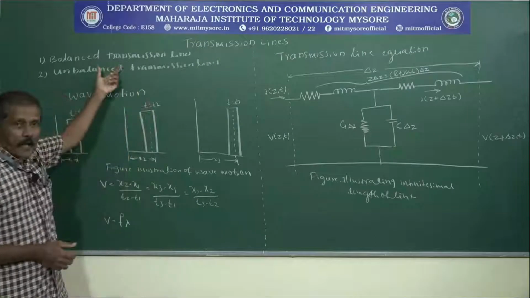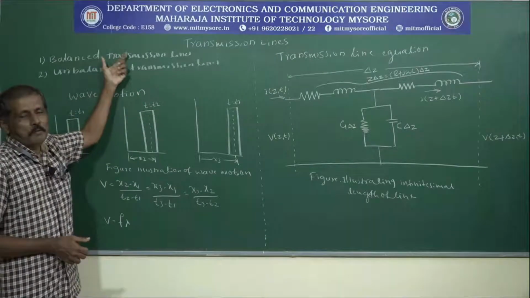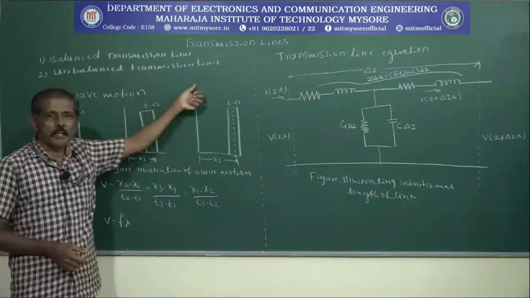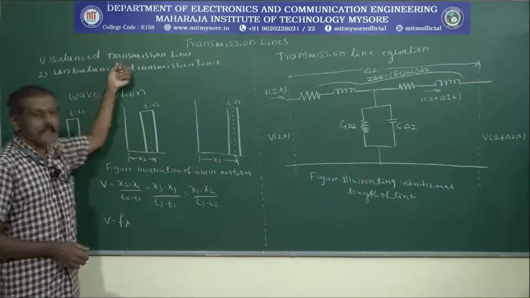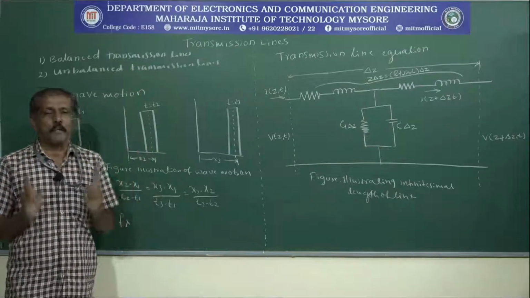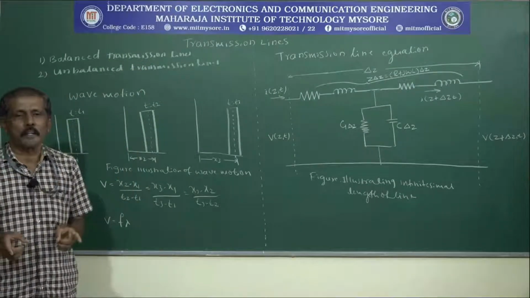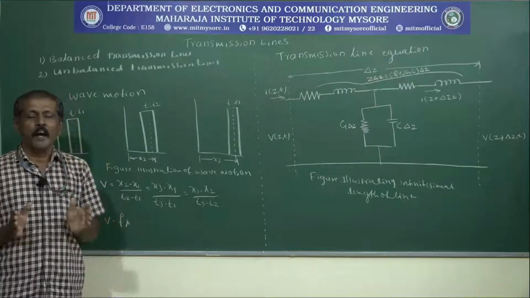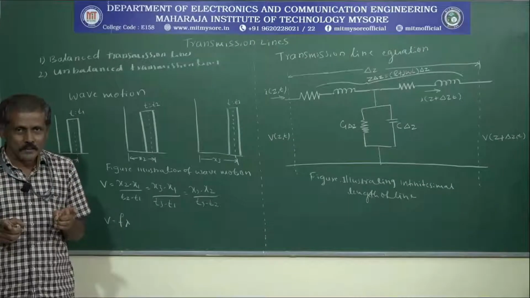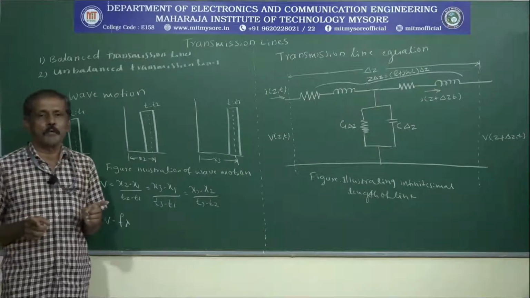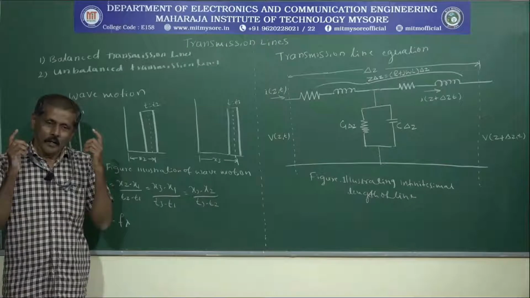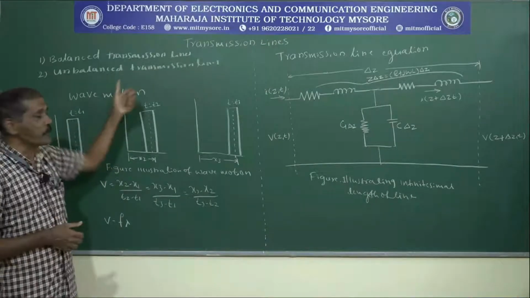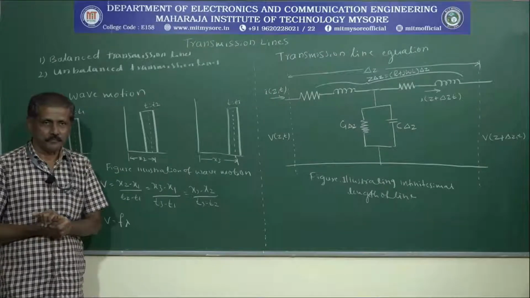That is, in balanced transmission lines, a pair of conducting wires is separated by a distance and always kept parallel, and equal current flows through these wires, with the voltage and current out of phase with each other.